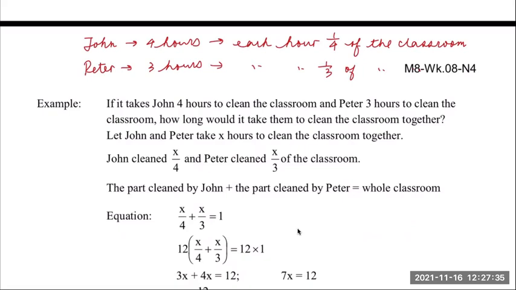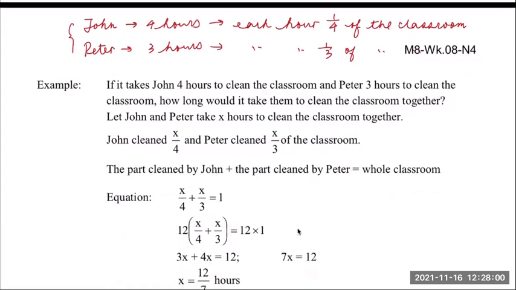Now we're asking if John and Peter work together, how long would it take? If John and Peter work together, then we can see John and Peter as one person, right? So this new John Peter person, how much of the classroom can John Peter clean in 1 hour? John can clean 1/4, Peter can clean 1/3 in 1 hour.